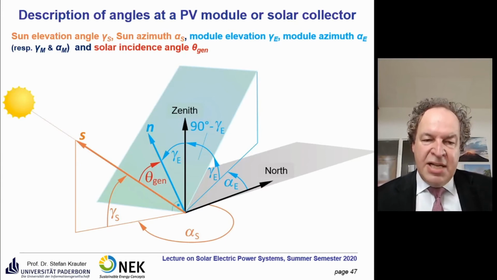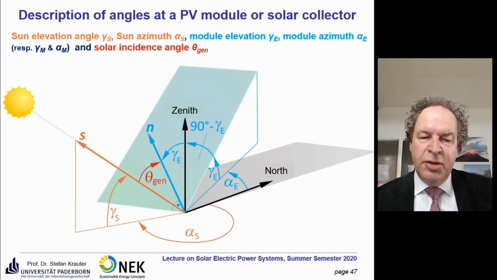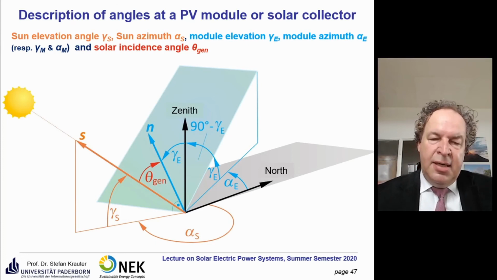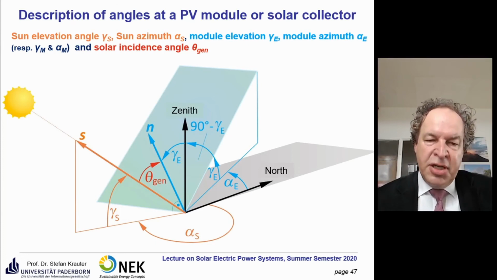If you have now an inclined surface, you have to not only consider the position of the sun, so the inclination, as you already know, gamma s, and alpha s for the azimuth. We also have to take into account the positioning of your receiver, of your photovoltaic module. And there you have, as I already mentioned, gamma E for the receiver and alpha E for the receiver.